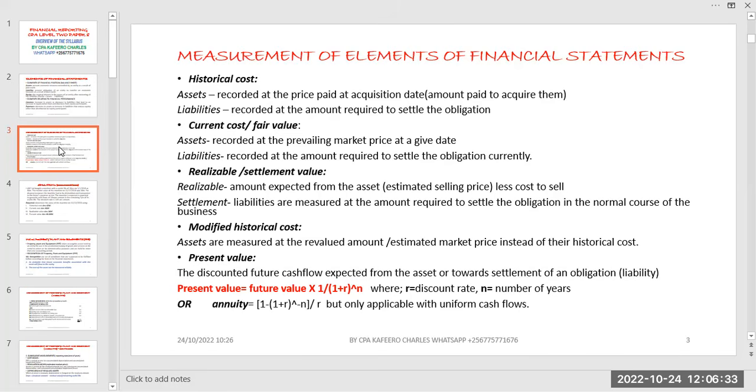So the settlement value is actually based on the liabilities, because you can't be talking about settlement and expect to be receiving money. It's the company that is paying out, and we are saying liabilities are measured at an amount that is required to settle the obligation in the normal course of business.